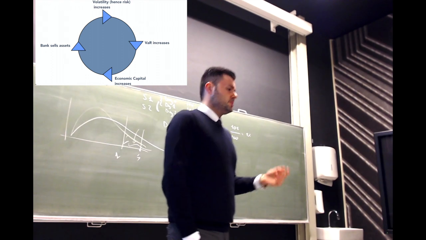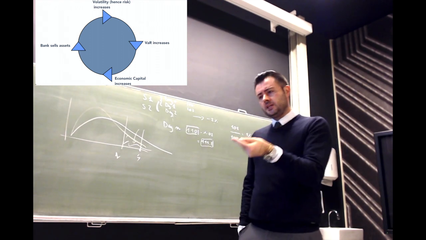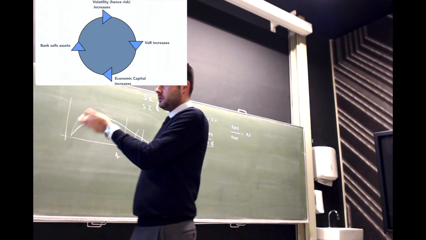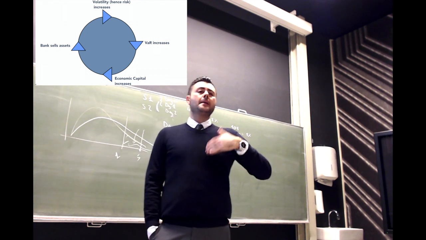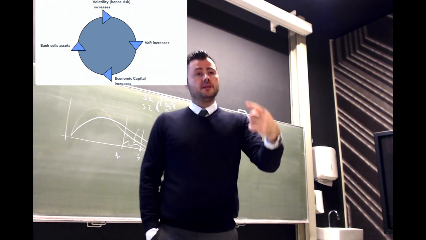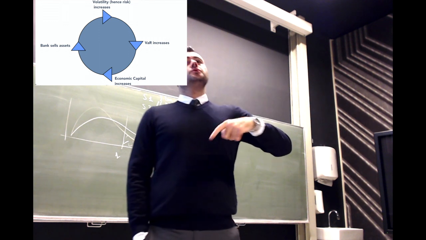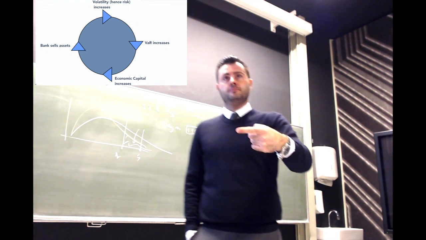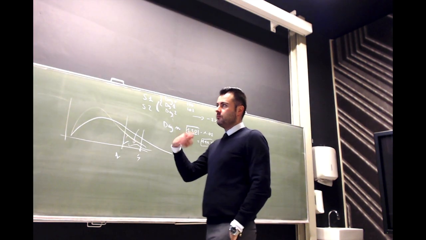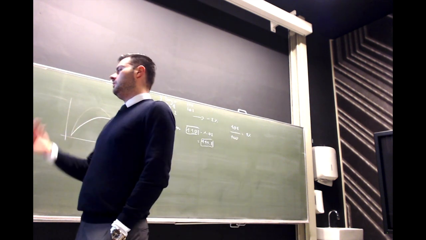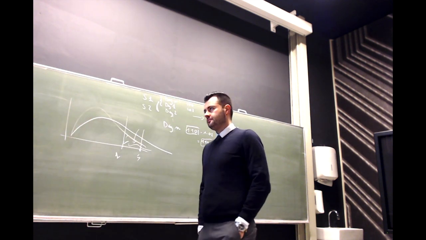Procyclicality in economic terms means that the variation of a measure, in this particular case the value at risk, impacts the system in a way that loops back to the measure, inducing a further increase in the measure. Okay? And you go in this way over and over again.